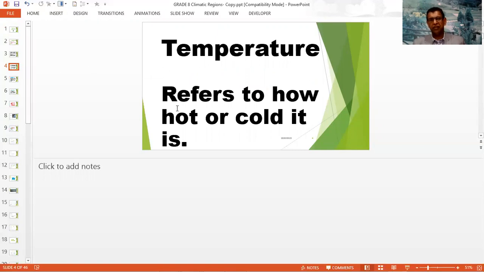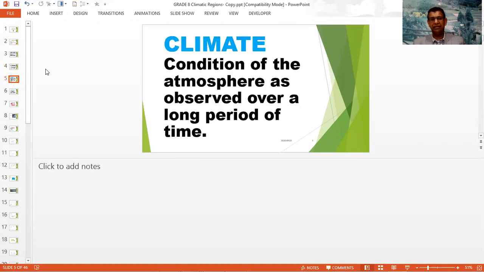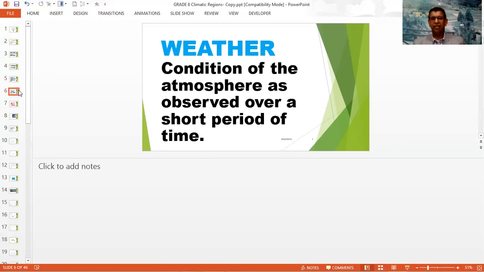So temperature refers to how hot or how cold it is. And you find that the word climate again is a condition of the atmosphere as observed over a long time period. The word weather is a condition of the atmosphere as observed over a short time period.